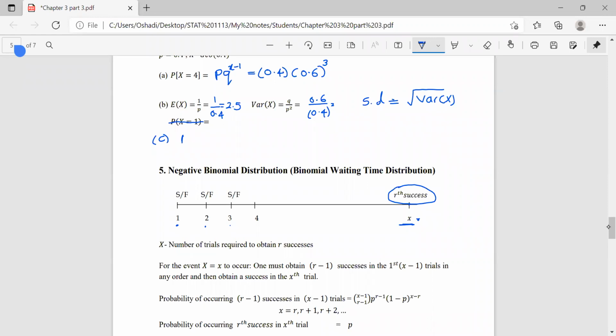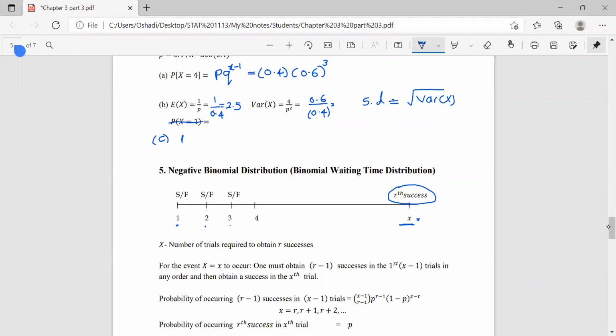So how many trials will it take to obtain the rth success? That random variable follows a negative binomial distribution.